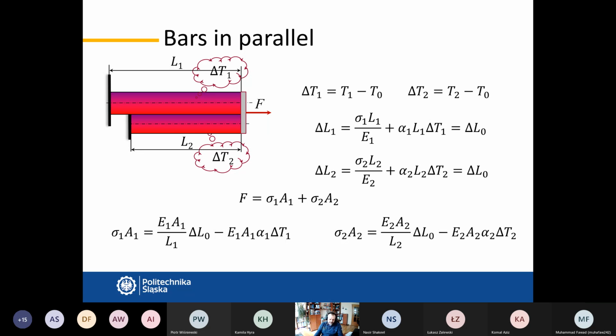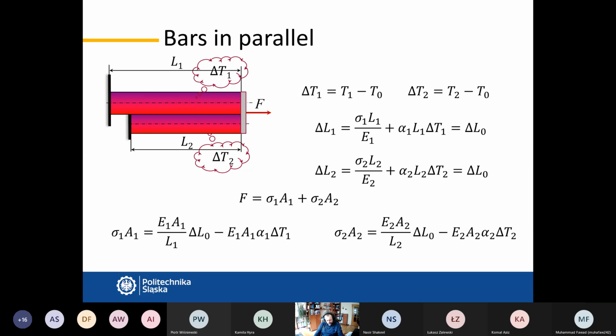So the worst case is when the object, let's say we discussed a straight bar, is fixed between two rigid walls. Rigid walls means that these walls do not deform at all, they do not move. So the object of our interest has no possibility to deform.